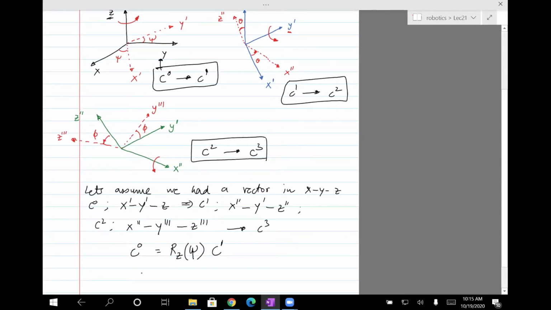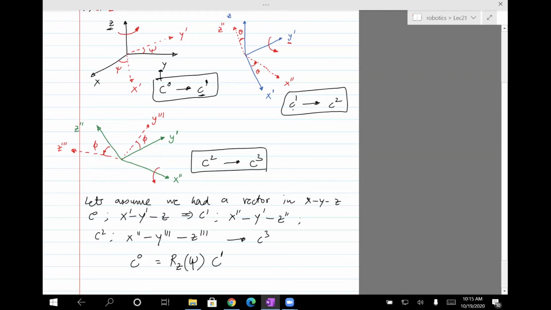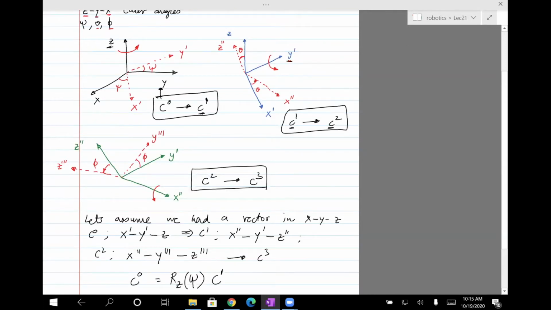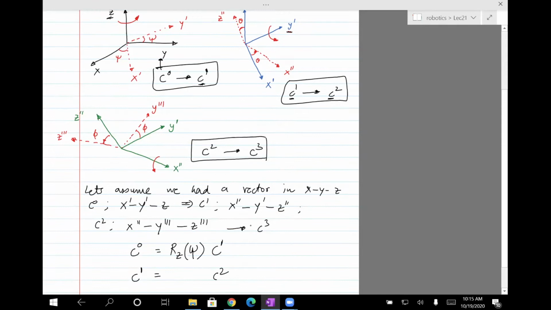Next, we rotate this vector C1 to get C2. So I need to write C1 equals C2 with a rotation matrix, and that rotation matrix is rotate about the Y axis. So I'll write R, Y, theta.